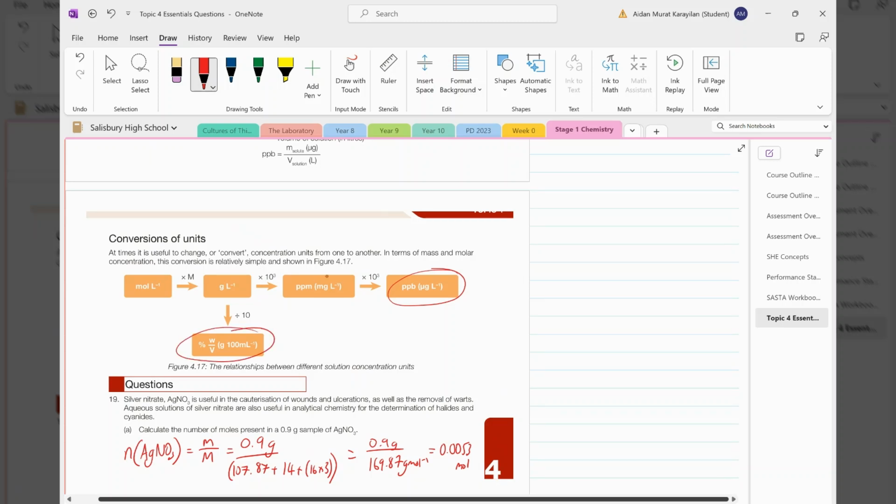So ppm to ppb is easy, we just times by 10 to the power 3. But if we want to get to percentage weight to volume, we have to do 2 steps, which is divide by 1,000 and then divide by 10. So we'll try and keep that in mind.